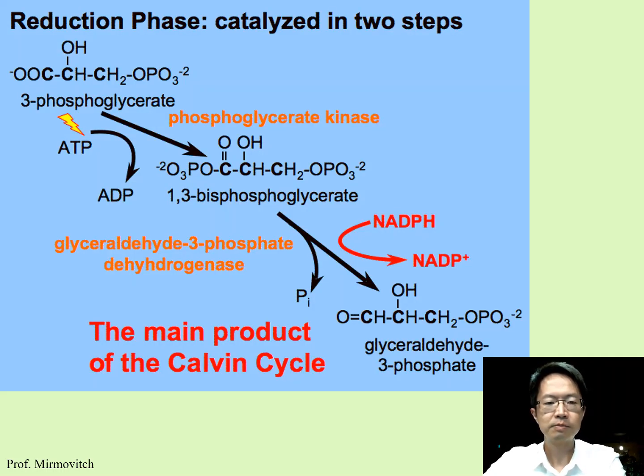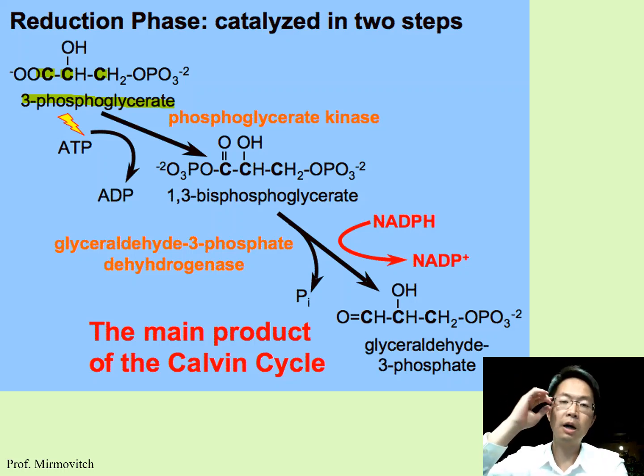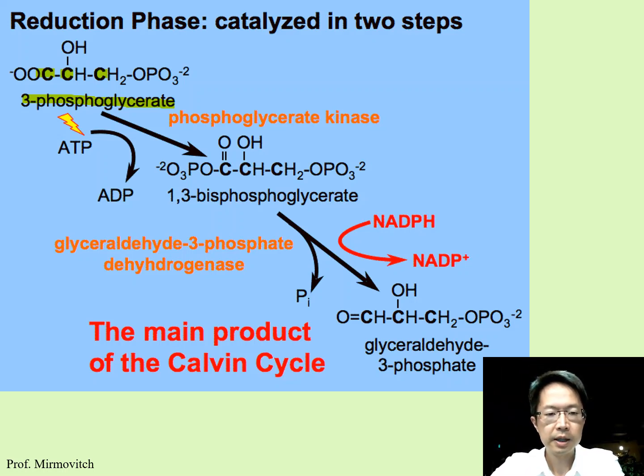Let's take a look. So 3PG. Again, 3PG is a 3-carbon molecule, 1 carbon, 2 carbon, 3 carbon. We get this 3PG from the carbon dioxide fixation, and then we use this ATP, so ATP becomes ADP.